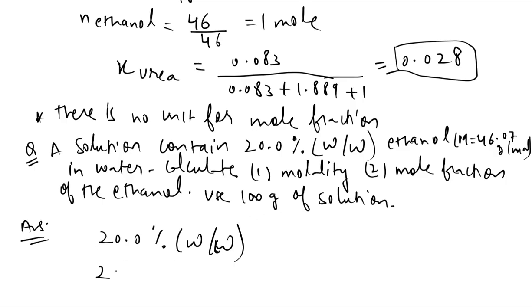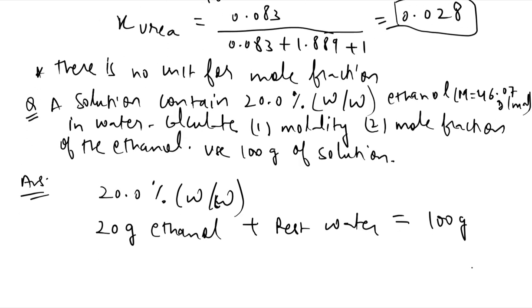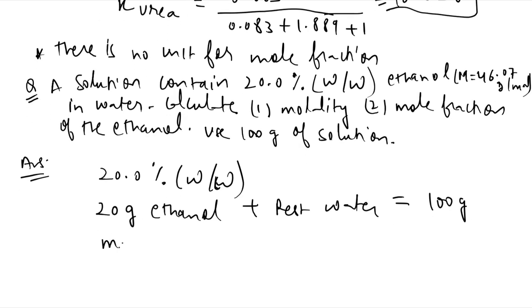It means it contains 20 grams ethanol plus the rest water. This makes a total solution of 100 grams. So the mass of water in this solution is 100 minus 20, that is 80 grams.